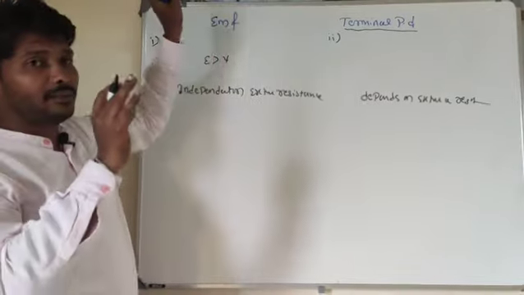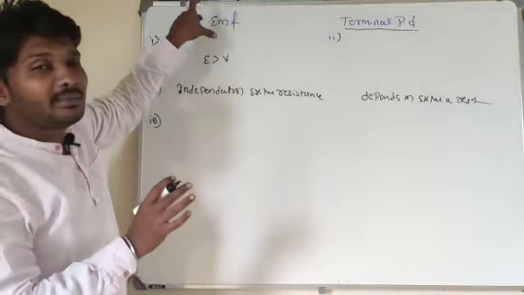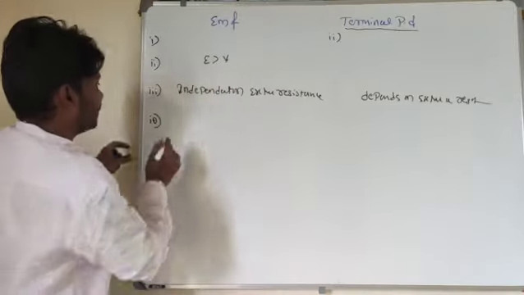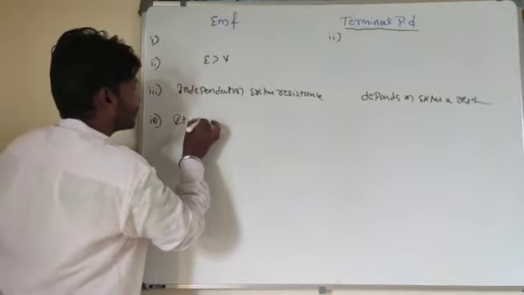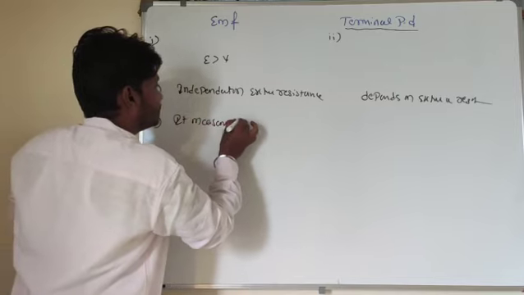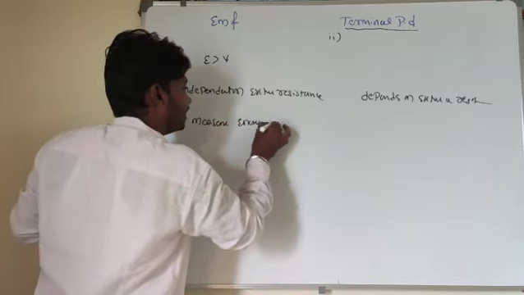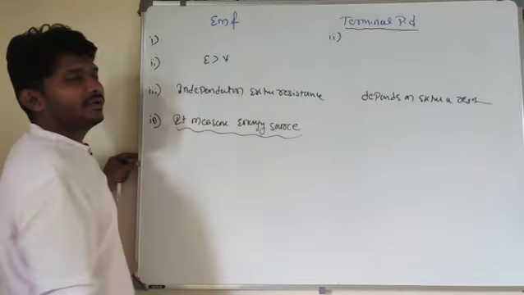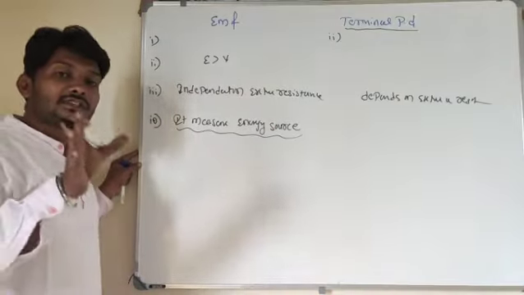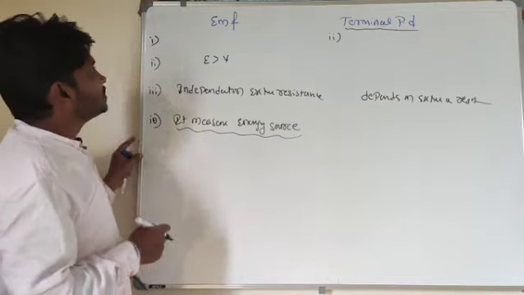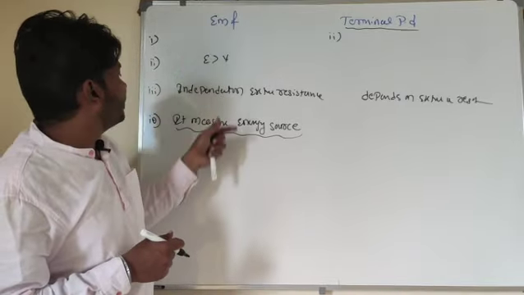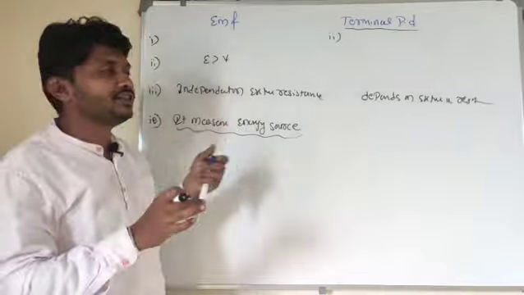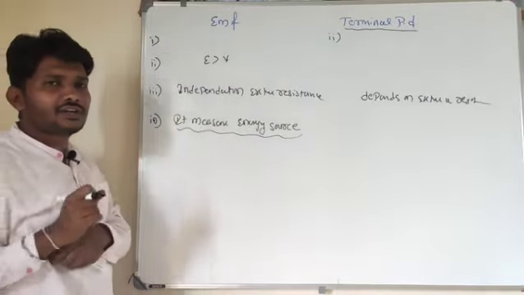One more thing to consider about EMF, and those are important points. EMF measures the energy source. If you find the EMF of any cell, the physical meaning of that value is that it measures the energy source. Then what about the terminal potential difference?